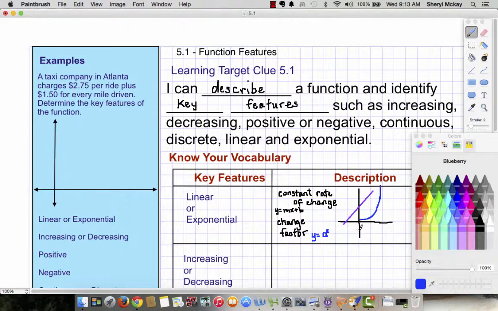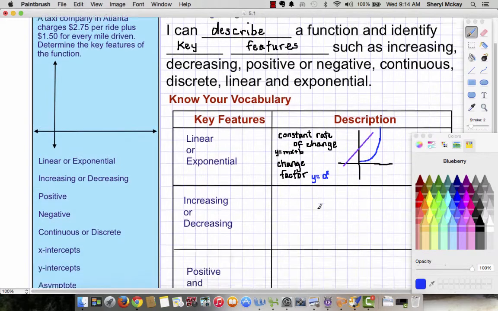All right, so we know how to recognize linear and exponential functions, and hopefully you know how to recognize them when you're looking at the equation and when you're looking at a table, because the table can also tell us if we look at the differences between each y value compared over the x value. If we see that it's a constant rate of change, then we know it's linear. If we see that it's multiplying, that there's a change factor from one to the next, then we know that it is exponential.